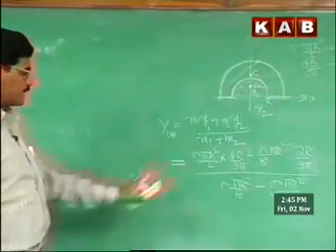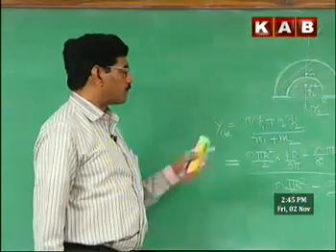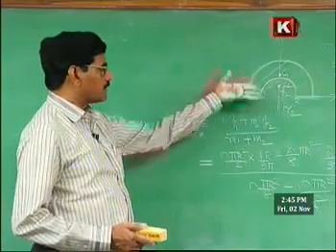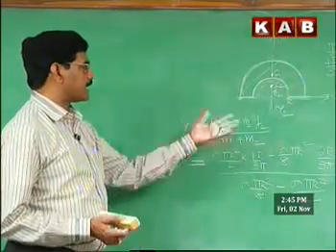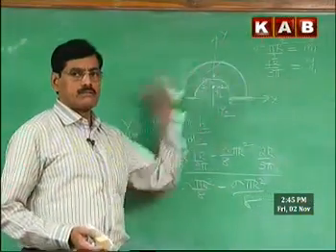So simplifying this, we get the ycm value. That is how we can calculate the center of mass by avoiding integration, because already we have calculated for a semicircular disk.